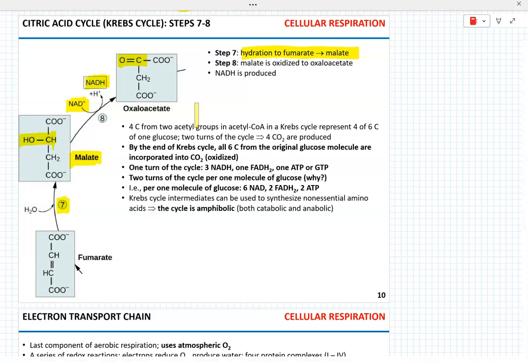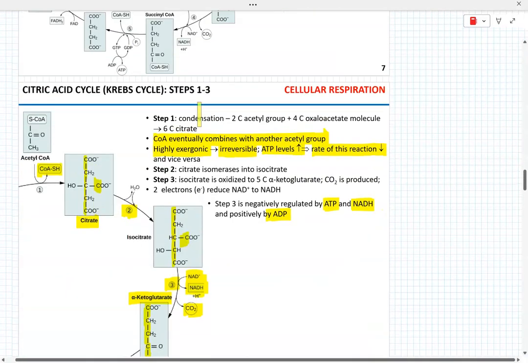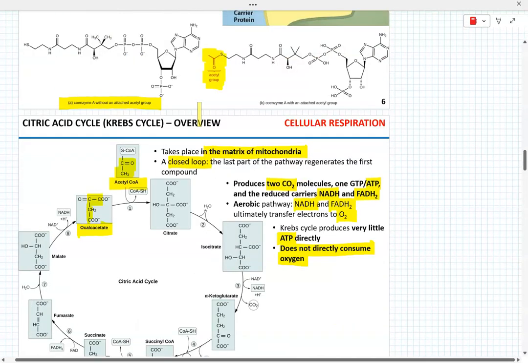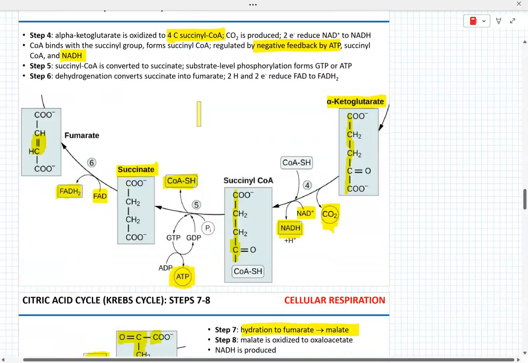These 4 carbons then interact with another molecule of acetyl-CoA, starting the cycle again.